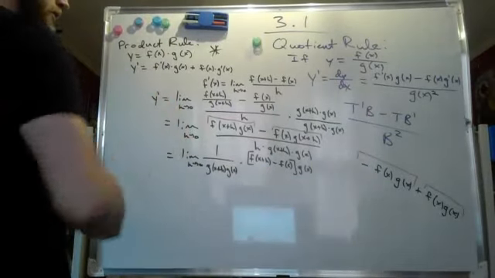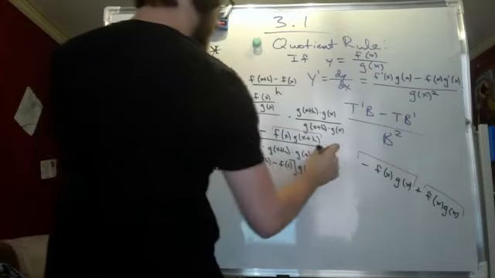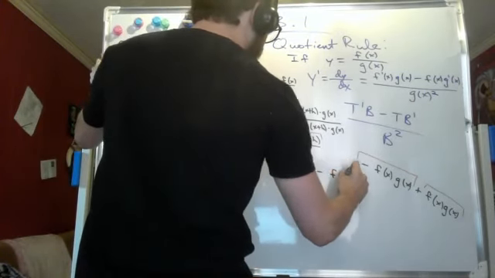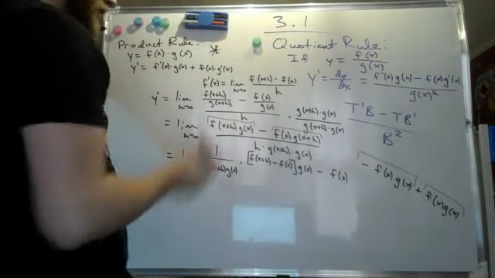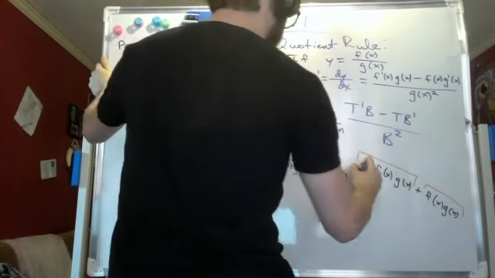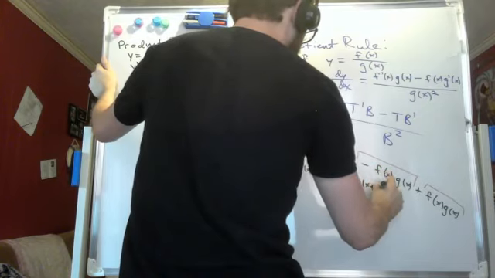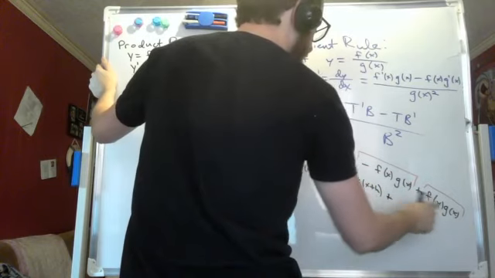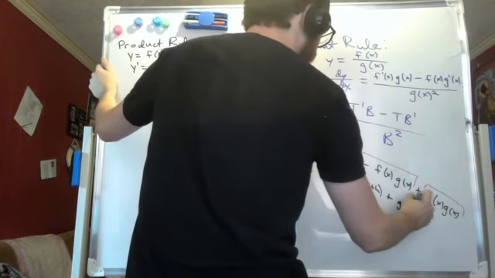I'm going to factor out the f of x to the left side and make sure we keep this negative here in the middle. So I've got minus f of x times, and when I factor out the f of x, I'm going to be left with g of x plus h plus, since I've got a plus over here, g of x.